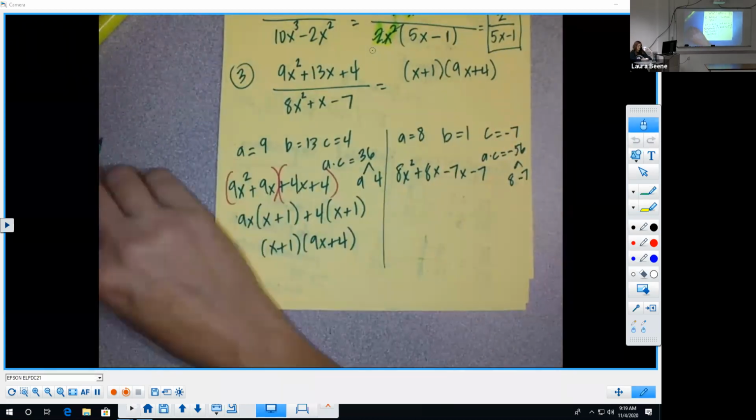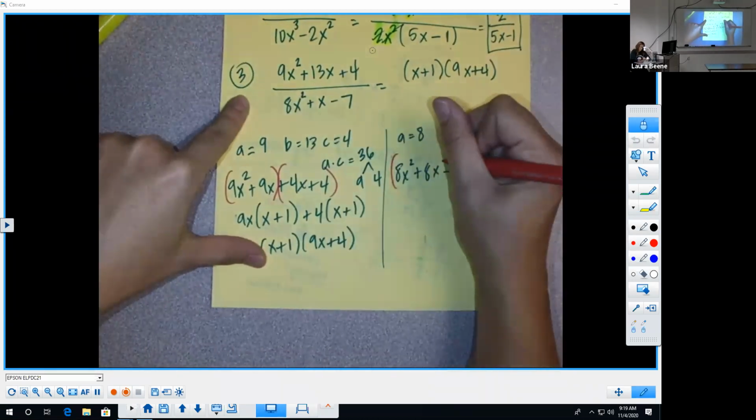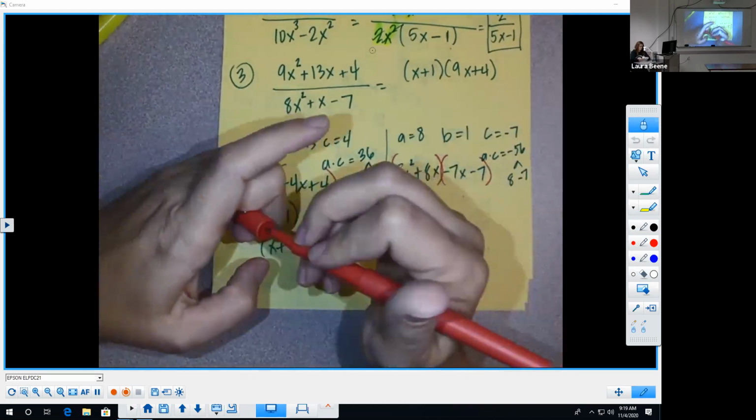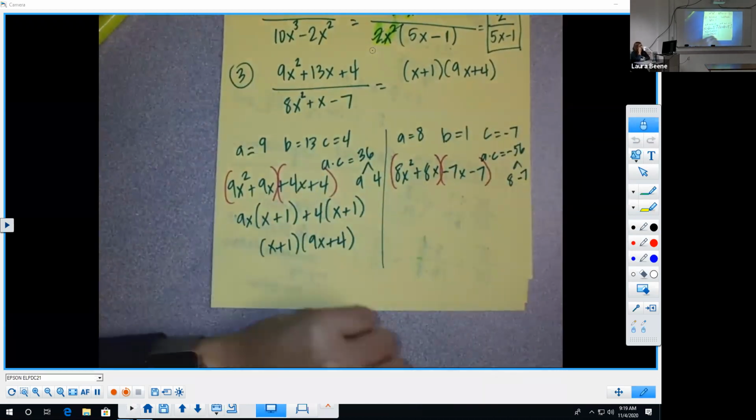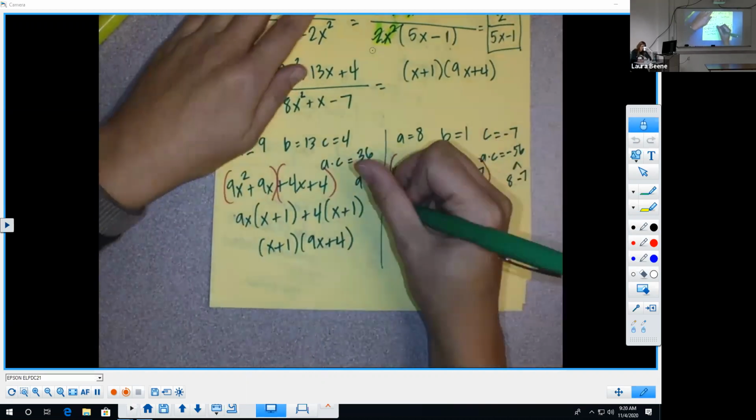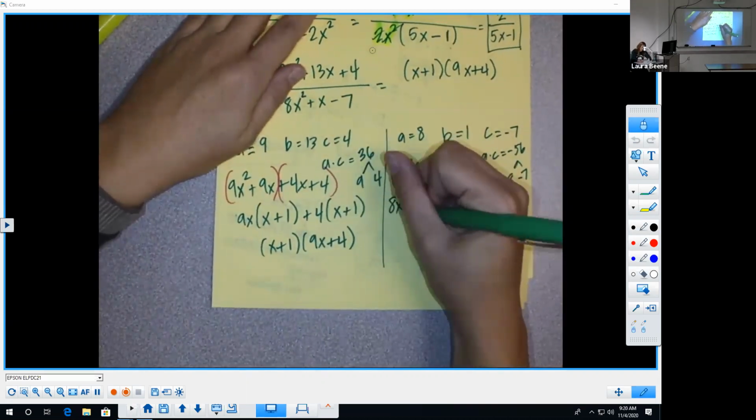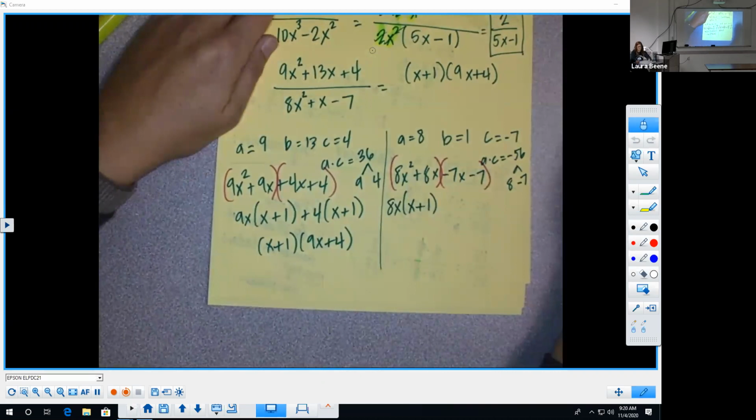And then we factor by grouping again. So 8x squared plus 8x, what's the greatest common factor there? 8x. So I'm going to pull out an 8x. Left over is x plus 1. -7x minus 7.